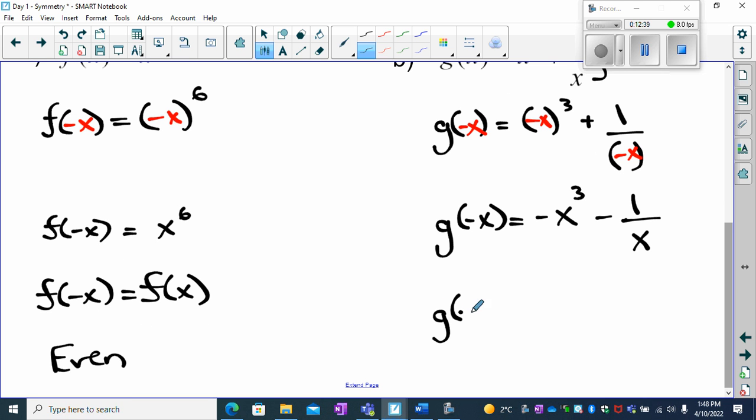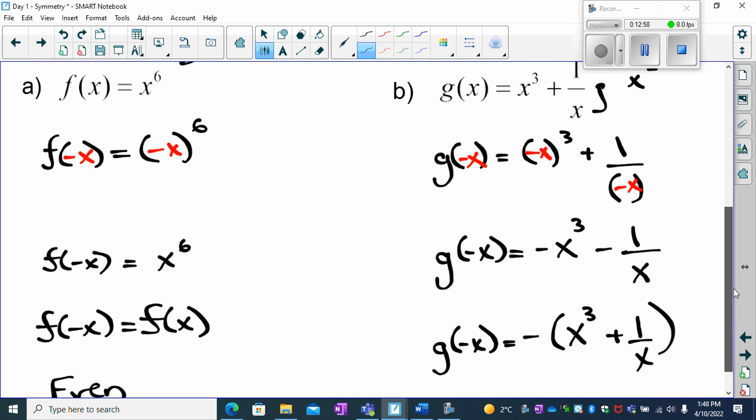And notice what happens here. If I factored a negative 1 out of both of these terms, this is what I would be left with. Negative x cubed divided by negative 1 gives me positive x cubed. Negative 1 over x divided by negative 1 gives me positive 1 over x.